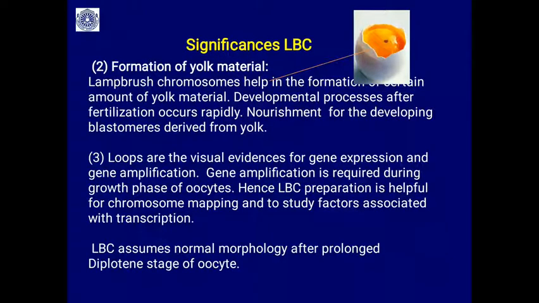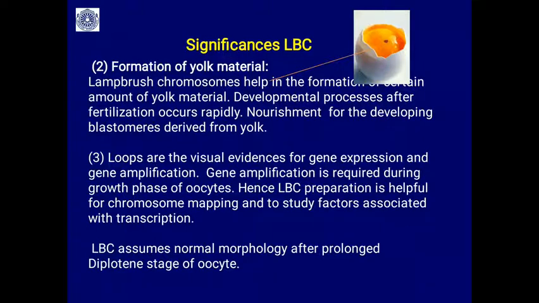Lampbrush chromosomes assume normal morphology after the prolonged diplotene stage of oocytes. The diplotene stage is about a month long, or even several months long in some amphibia, and during that time you will find lampbrush chromosome formation.